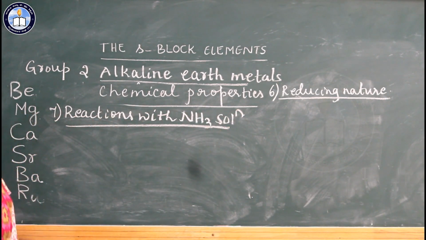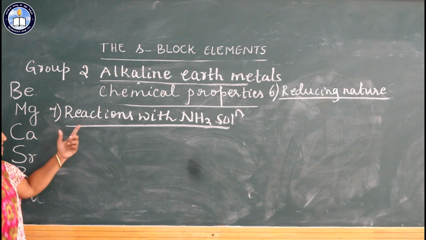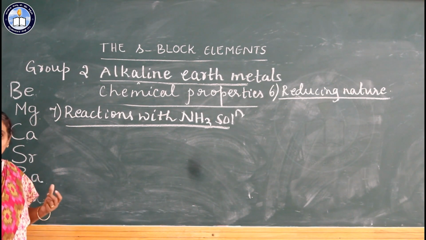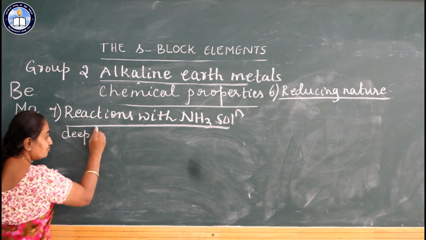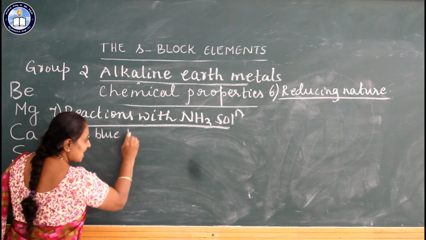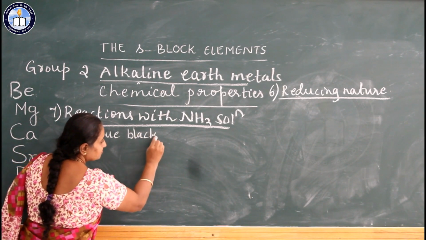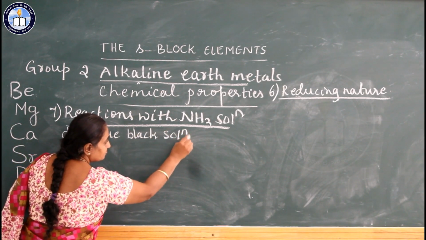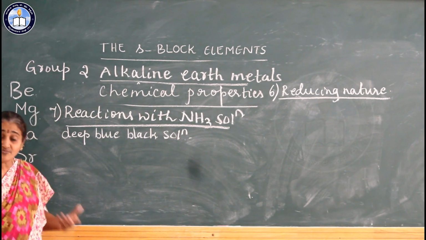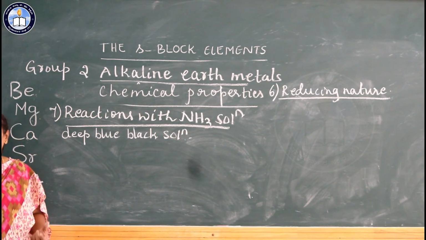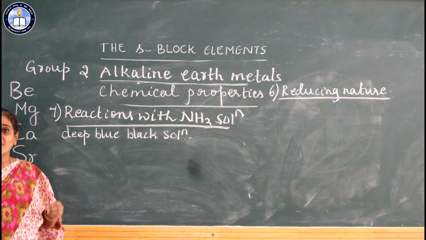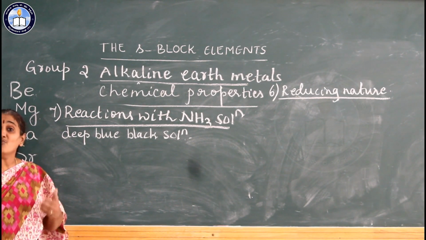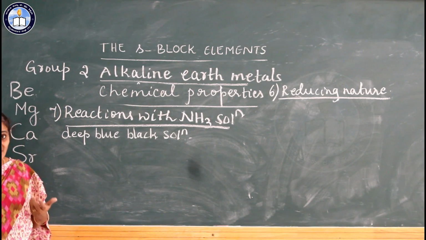When alkaline earth metals react with ammonia solution, they form a blue black solution. They form ammoniated ions and ammoniated electrons. From these solutions, ammoniates can be recovered.